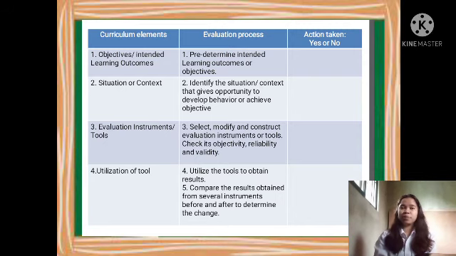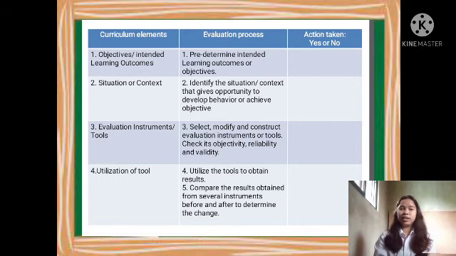The first curriculum element is objectives, the intended learning outcomes. Evaluation process number 1 is to identify the predetermined intended learning outcomes or objectives. Second is situation or context. Evaluation process number 2 is to identify the situation or context that gives opportunity to develop behaviors or achieve objectives.